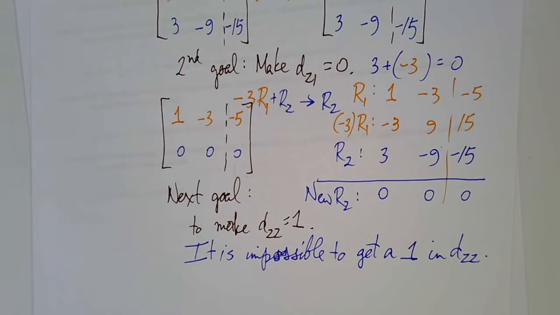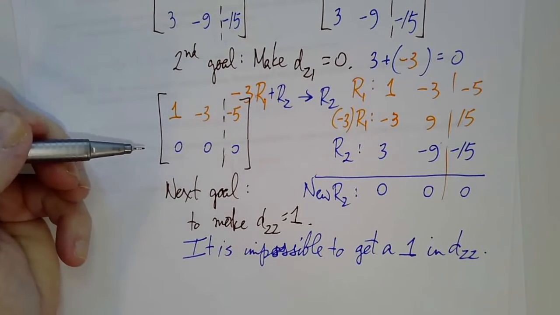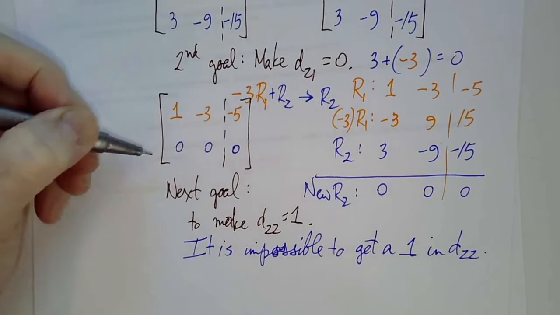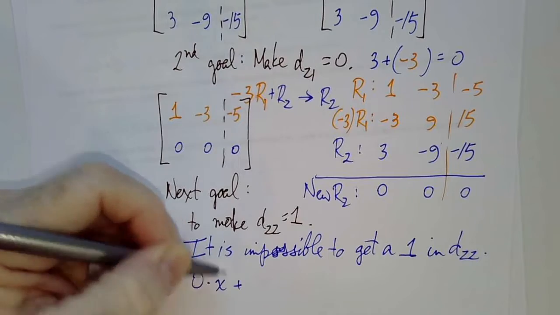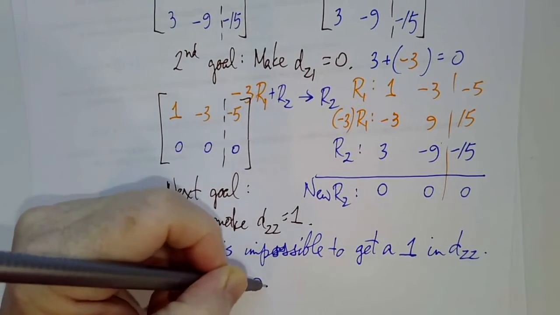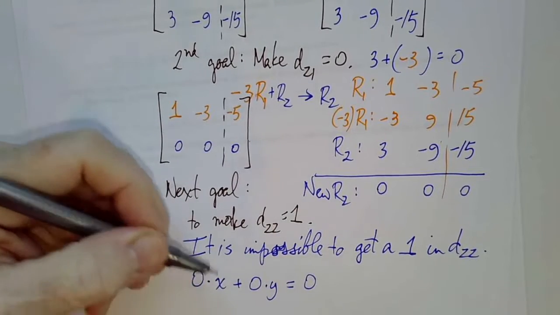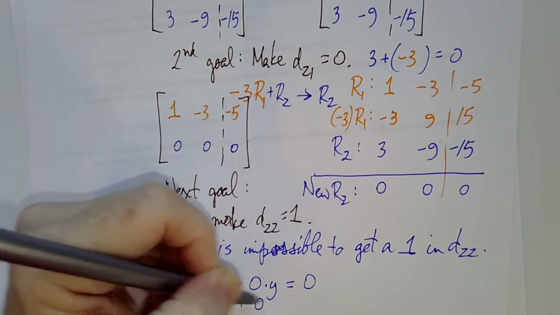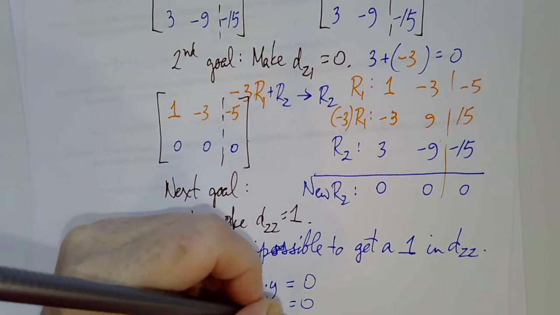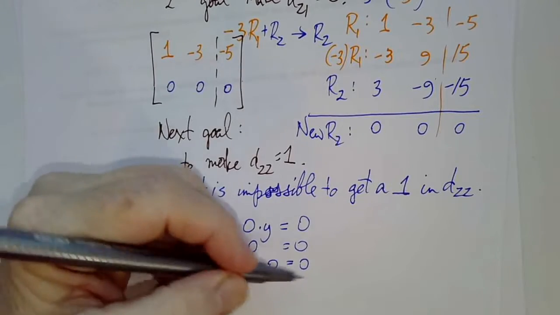That leads us to write down the equation that is represented currently by row 2. So we've got 0 times x plus 0 times y equals 0. On the left side here, 0 times anything is 0, and 0 plus 0 is 0. And do you see that without any x or y, this thing is still always true?